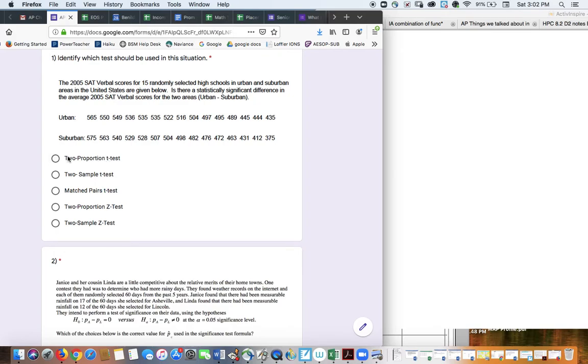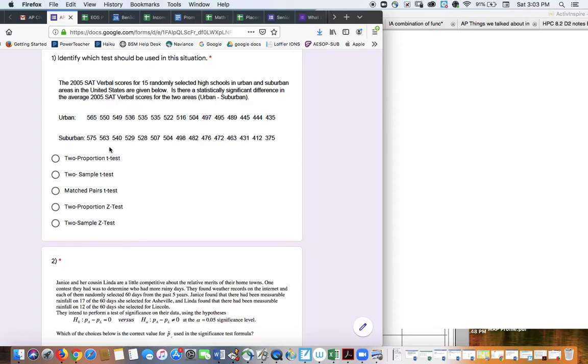So it's not this first option, it's not this option down here. It's got to be a two sample or matched pairs. I can rule out the two sample z-test because z does not go with mean problems. So that means it either has to be a two sample t-test or a matched pairs t-test.